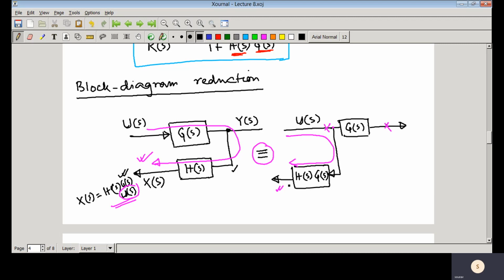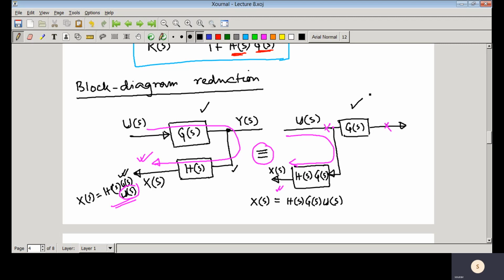So then you can see it here that X(s) would be equal to H(s) G(s) into U(s). So then you can say that this particular block diagram and this particular block diagram are equivalent.